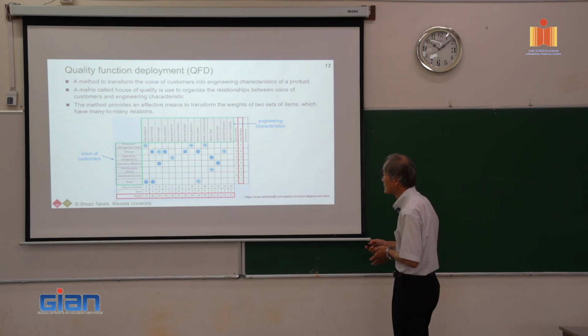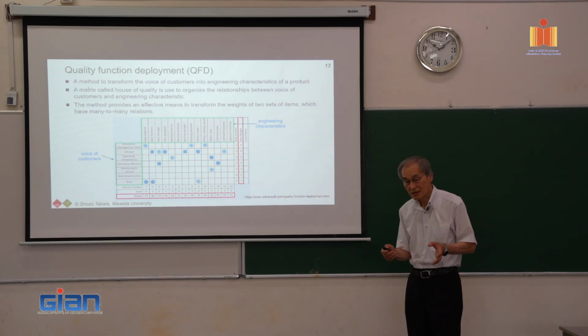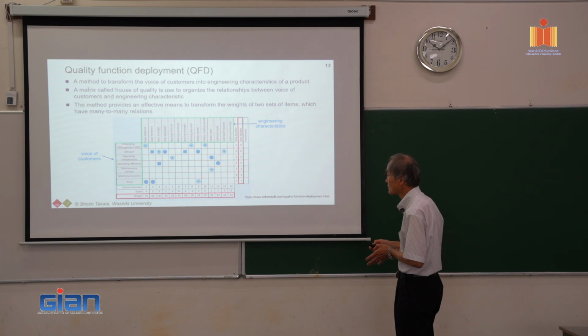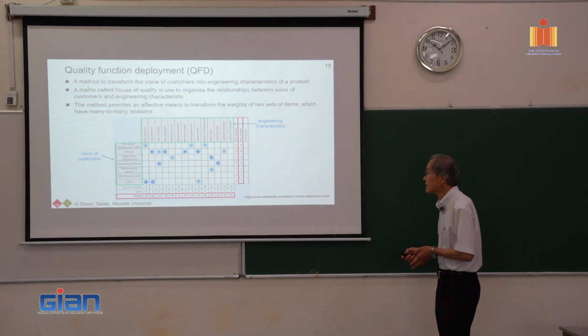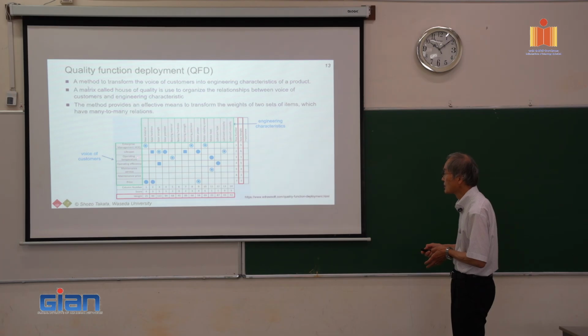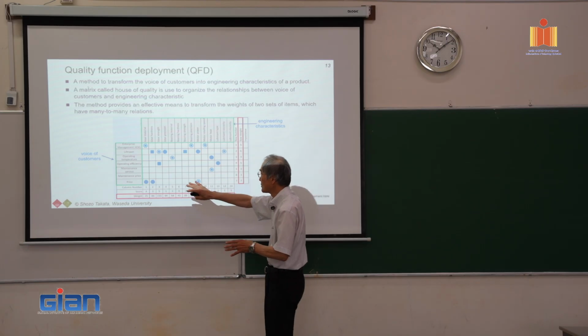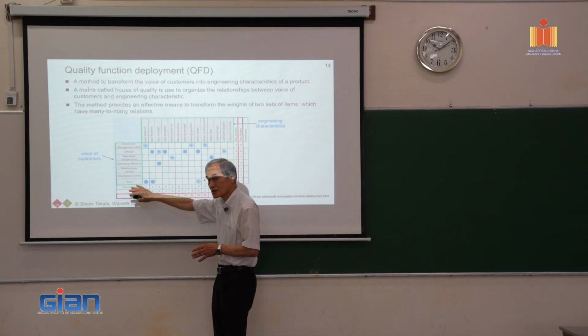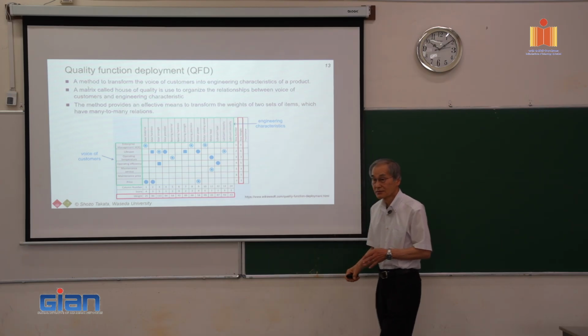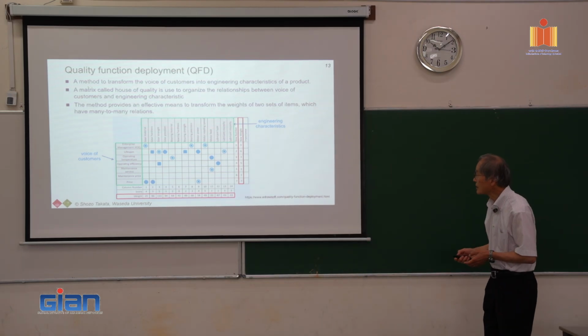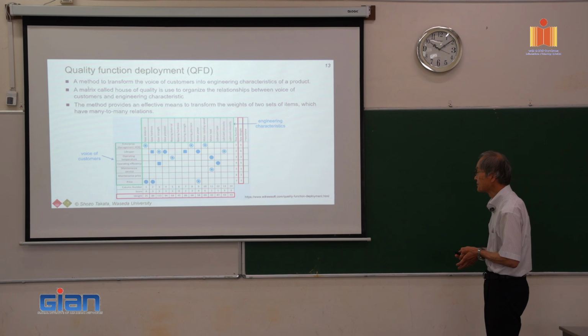So the double circle means there is a strong relationship between this VOC and this engineering characteristic. So, of course, lifespan is related to different engineering characteristics. That means this is a matrix between multiple items and multiple items. So this is a QFD matrix.